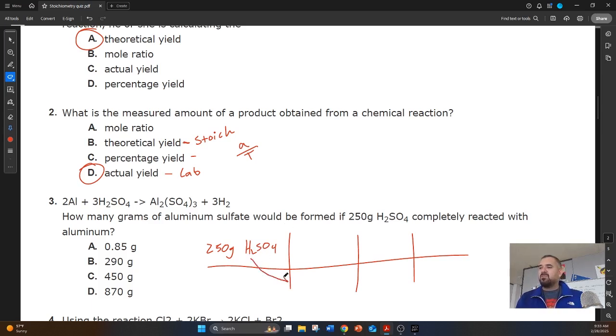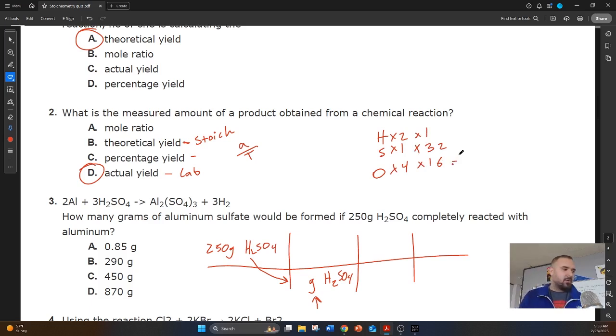All right, so then we just follow our units. So we got grams of H2SO4 there, which means grams of H2SO4 here. Now, when we put grams down here, what do we need to put next to it? Molar mass. So we have H times 2, S times 1, O times 4. Sulfur has a molar mass of 32, and oxygen has a molar mass of 16.